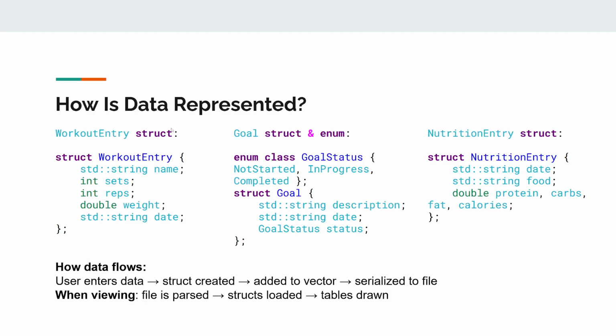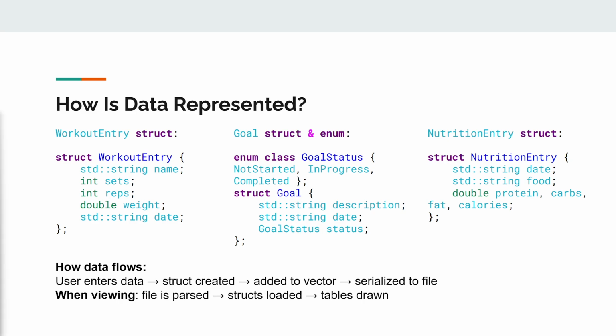So how is data represented? There's a workout entry struct, goal struct, nutrition entry struct. These are all structs, and whenever users enter data, let's say they want to make a new workout entry, a new struct is created under workout entry, and it's added to a main vector corresponding to the user, and then it's serialized to the file to make sure that the file has that data.